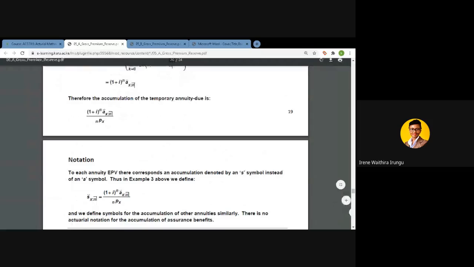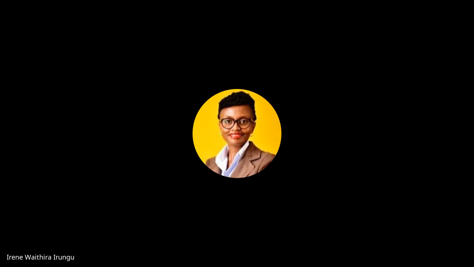Once you have the EPV for this temporary annuity due, as we determined previously, be it in the premium case or in the evaluation of annuities, the way we compute our a-double-dot x angle n is the same. Because we want the retrospective accumulation, we accumulate it for the corresponding period and divide that by the probability of survival.